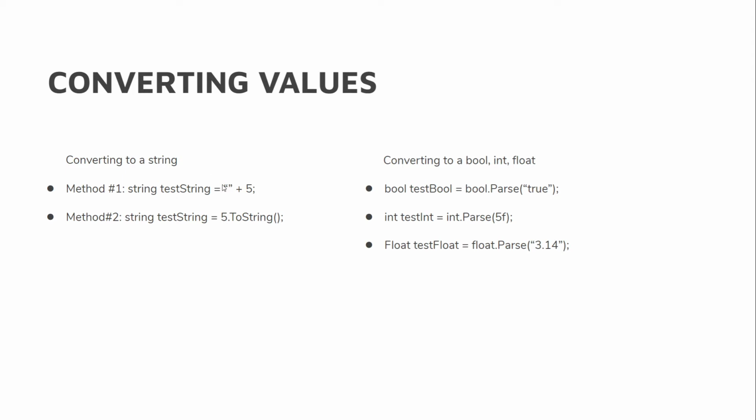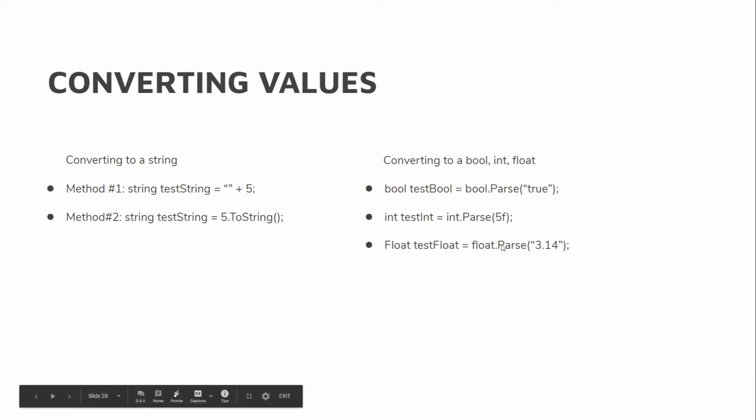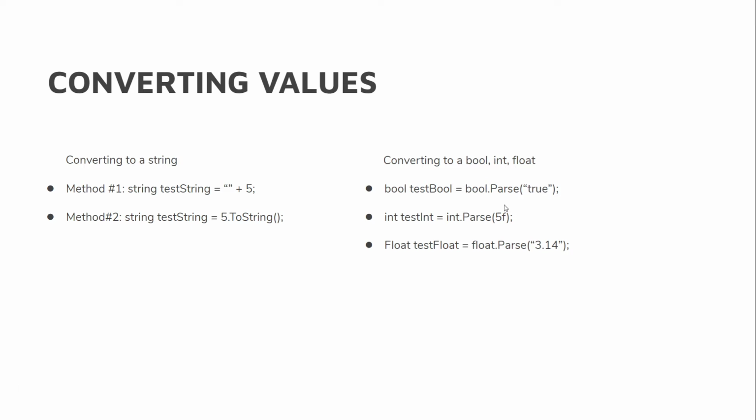Most variable types have ways of converting them to string. You can also parse strings and convert them to other types. So with bool.parse, you can parse this string to see if it evaluates to true, right? Types do have methods within them to do things like converting values.